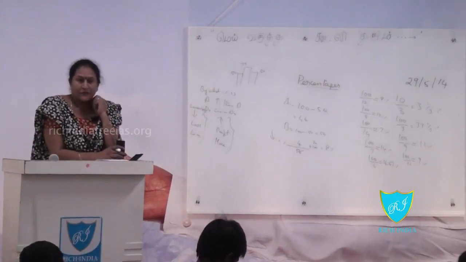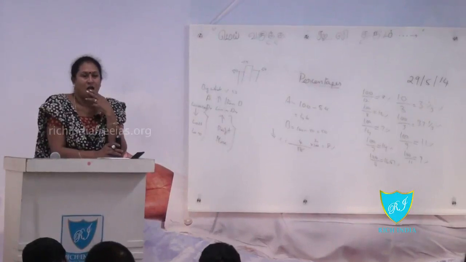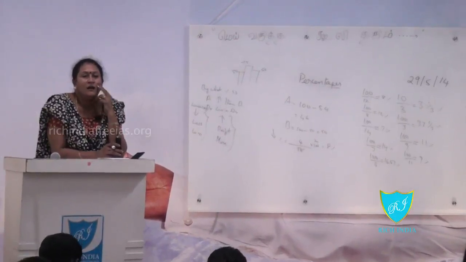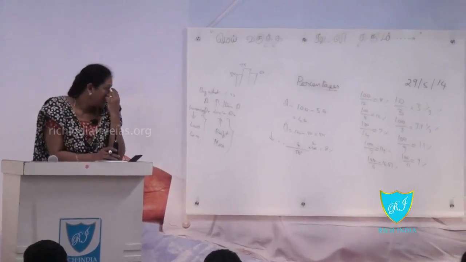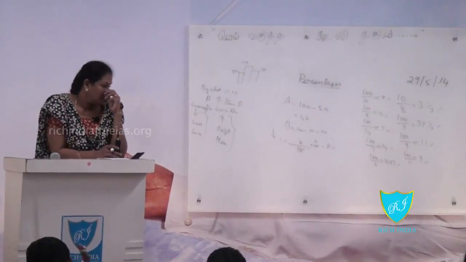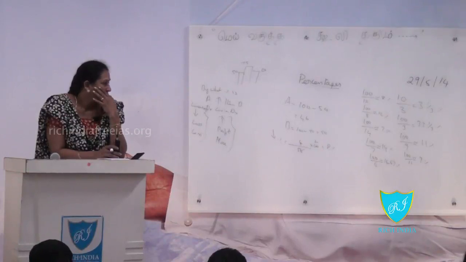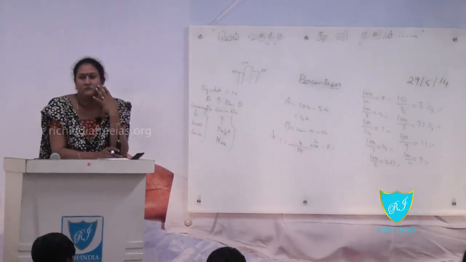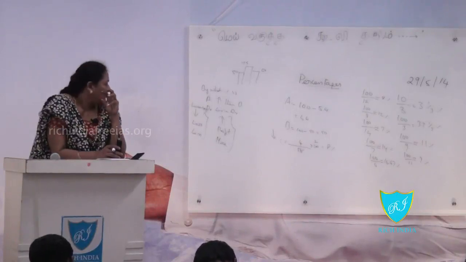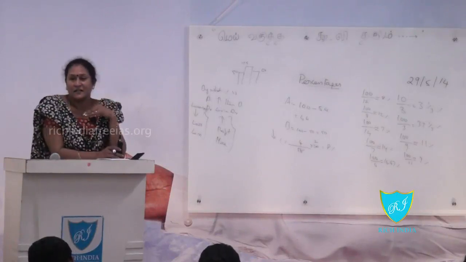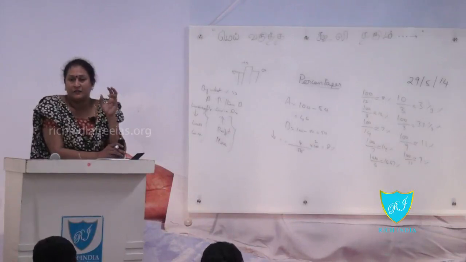So try the 20th one, the same concept. B is 50% less, so 100 minus 50, it is 50.